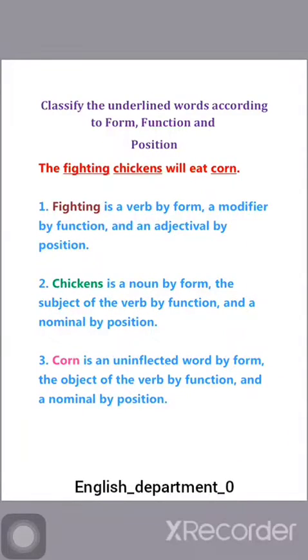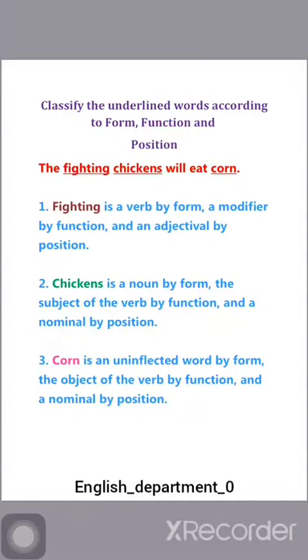So it is a noun by form for two reasons: for the s as a plural, this is number one, and for the determiner, the definite article there. Okay, so the fighting chickens, the whole idea is about the subject. Which subject? About a chicken.